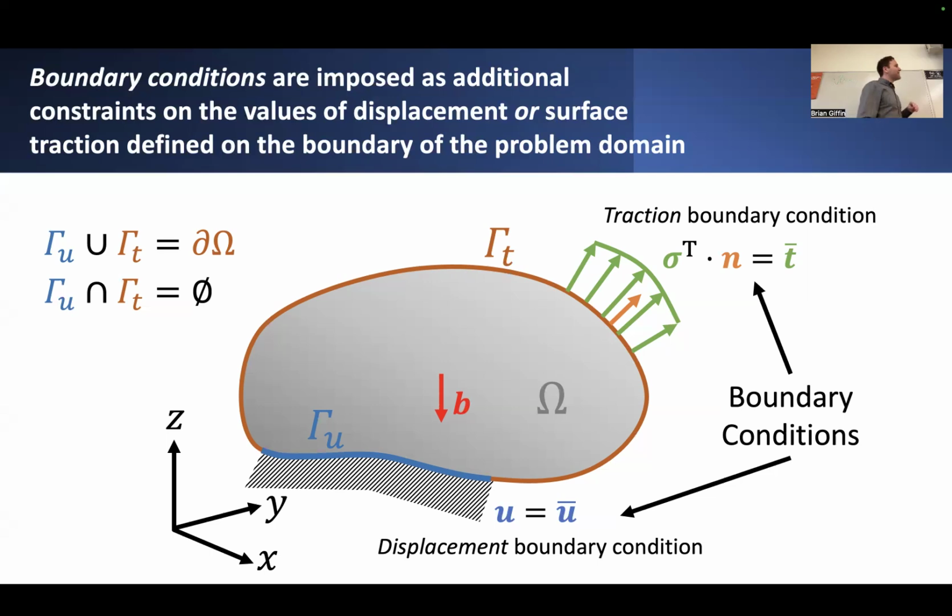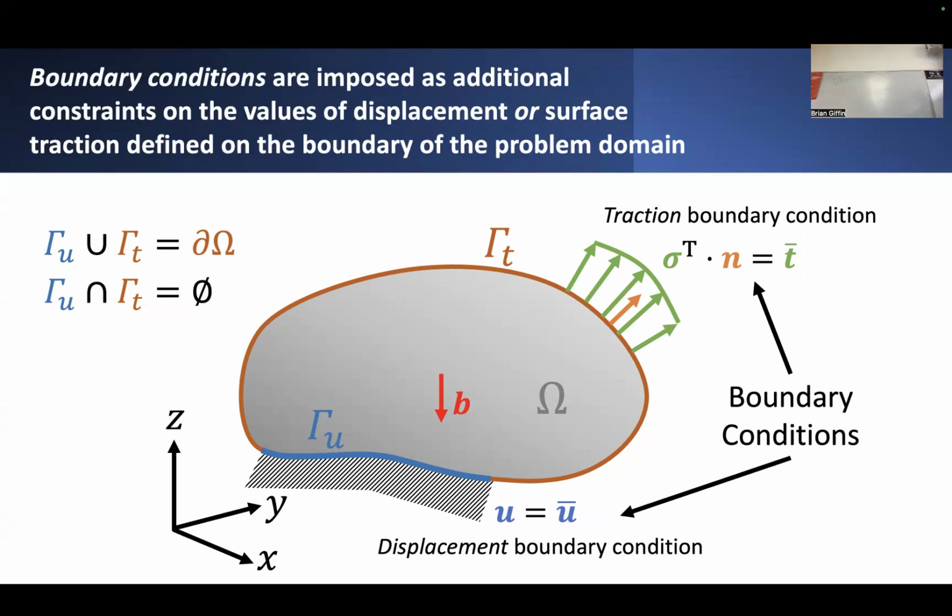And I've defined both of these subsets of the boundary of Omega such that they don't intersect. They're mutually exclusive sets describing different regions of the boundary. So if I take the set intersection of these two things, I just get the empty set, or the null set. So they don't overlap at all.